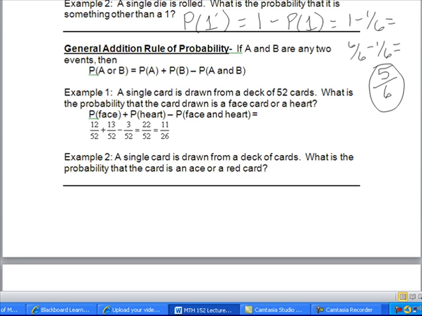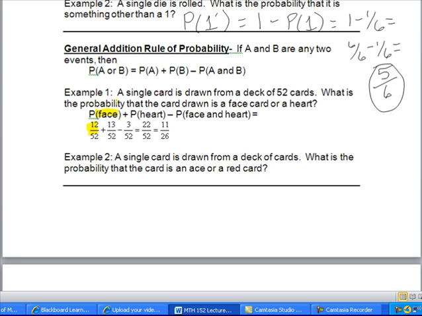It says in example 1, a single card is drawn from a deck of 52 cards. What is the probability that the card drawn is a face card or a heart? So the probability we have a face card is 12 out of 52.